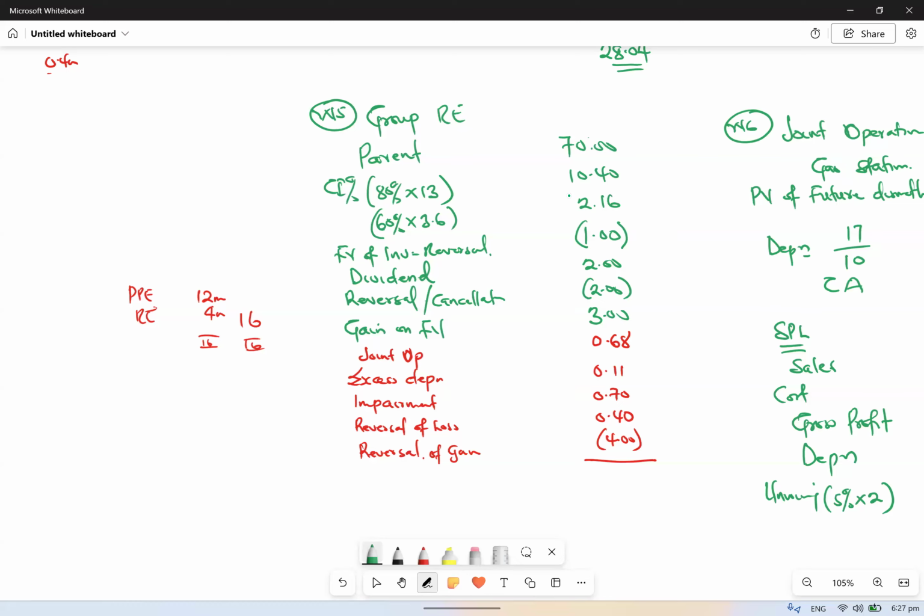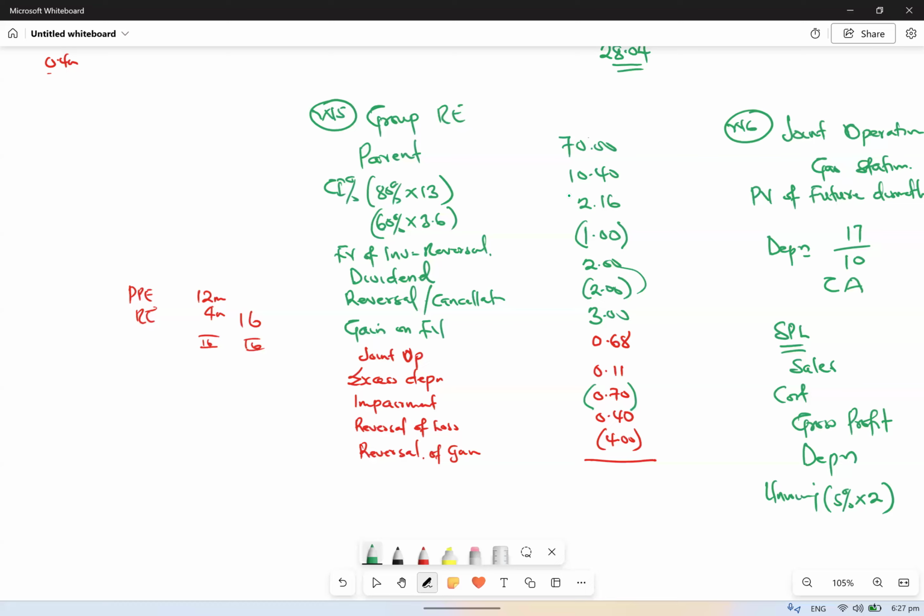Let's scale it off within 2 minutes so that the audit people, once you are done, please see how people exit for me. So we have 70 plus 10.4 plus 2.16 minus 1, and these two will cancel out, plus 3 plus 0.68 plus 0.11 plus 0.70. Impairment is a subtraction.